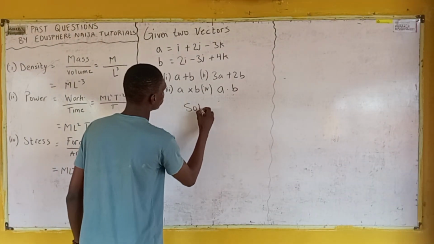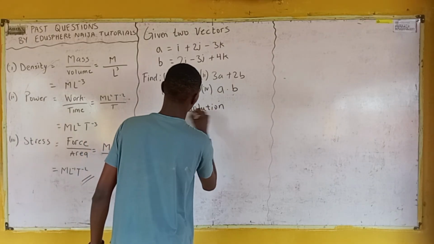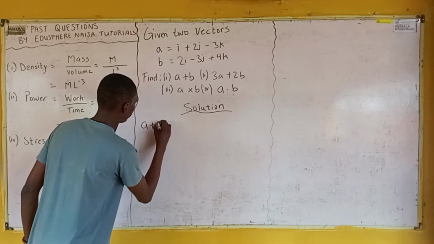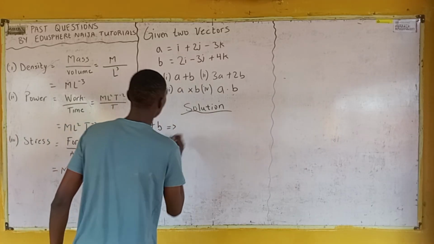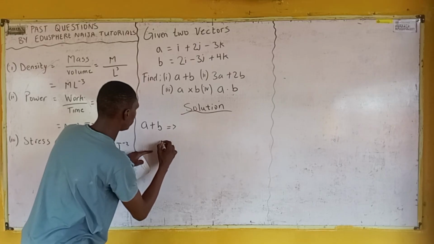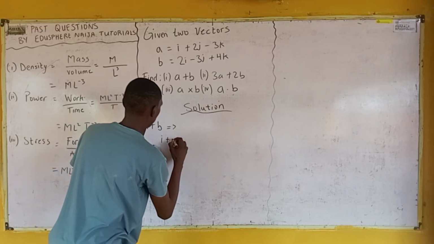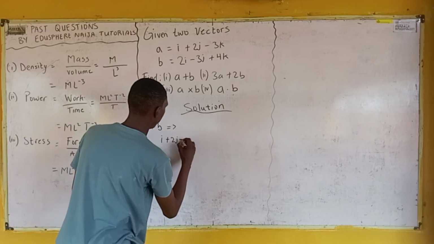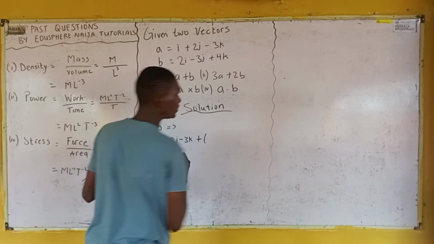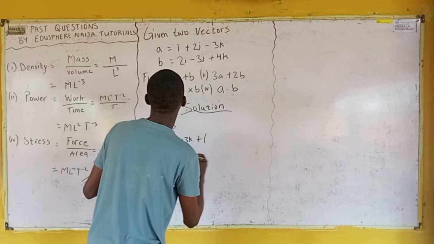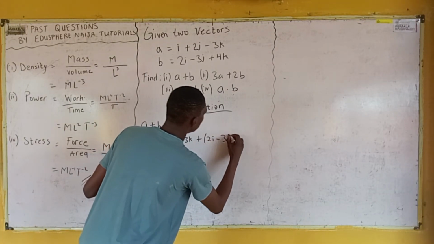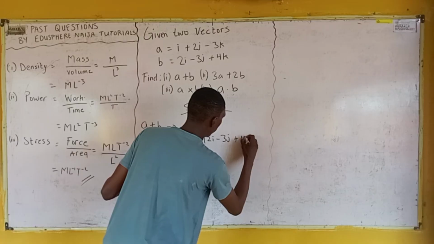So the solution. For the first one, we are given A plus B. The first thing is that you should write out your vector A. We know our vector A should be I plus 2j minus 3k, then plus, put it in brackets, B. Our B should be 2I minus 3j plus 4k.